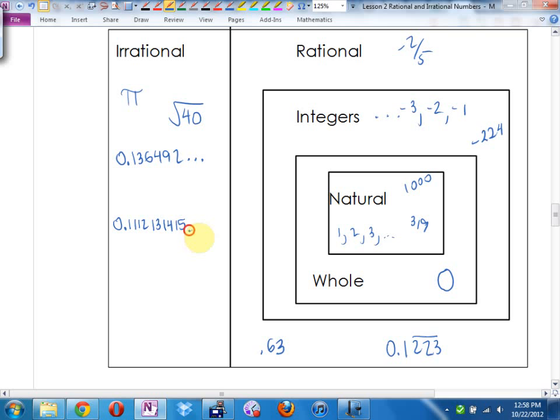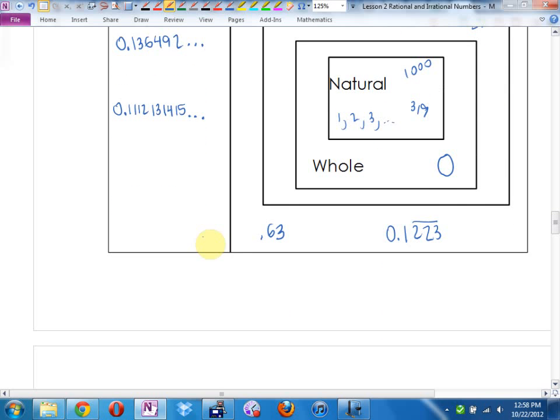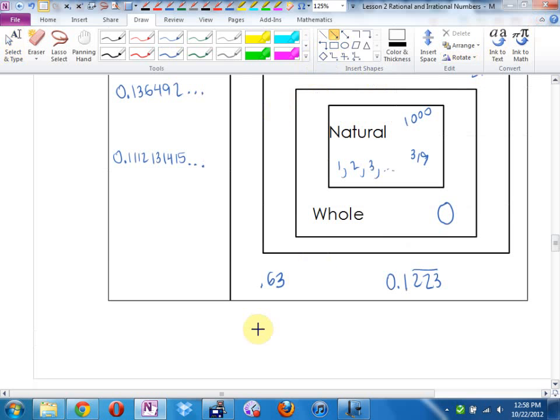Nope. Then put these together, and you have the real numbers.